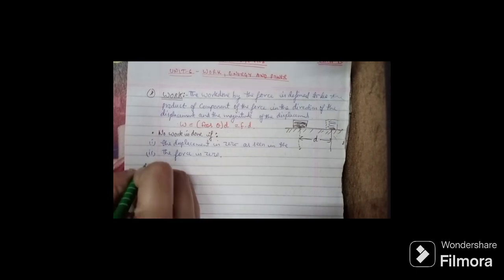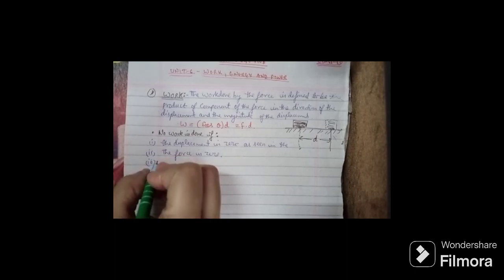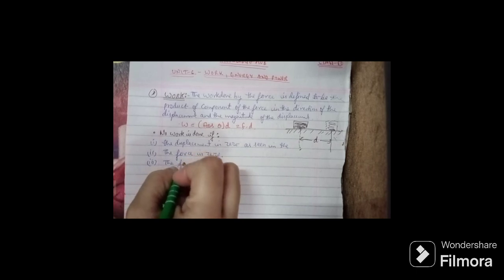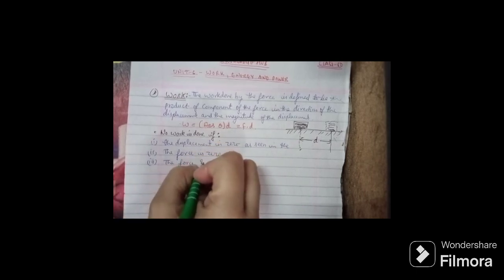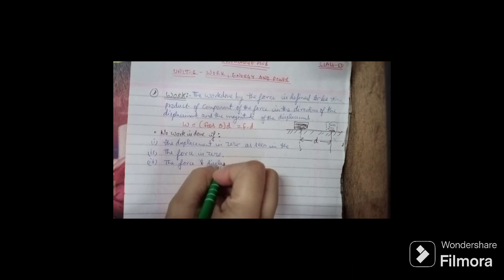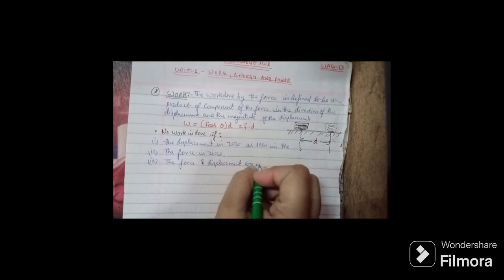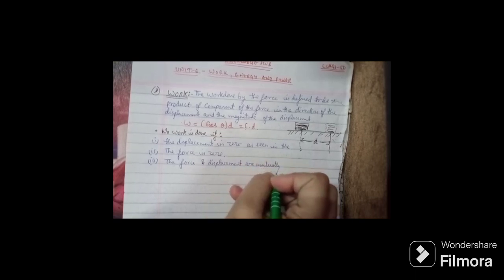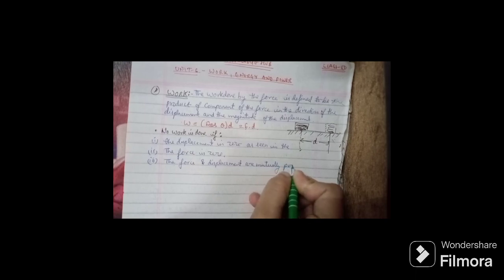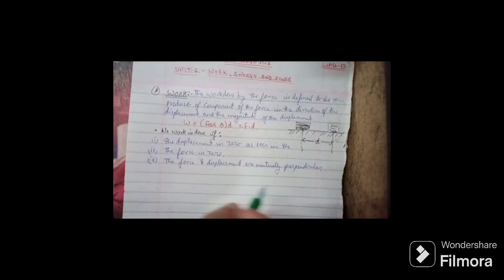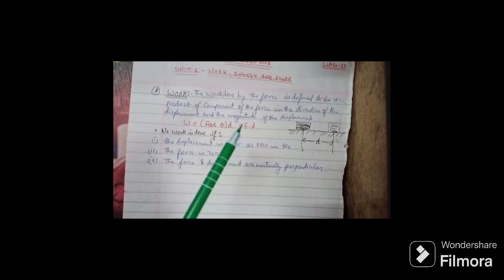The third case is the force and displacement are mutually perpendicular. This is so since for theta equals pi by 2 radian equals 90 degree, cos pi by 2 is equal to 0.